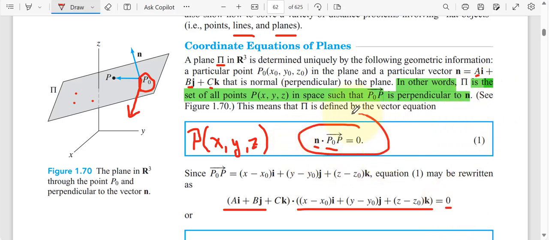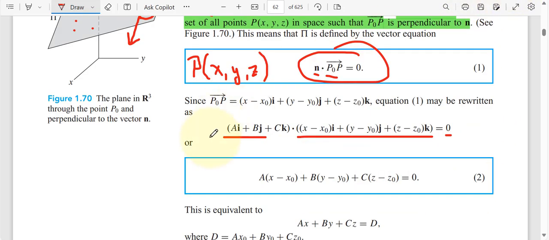So we just expanded this equation. Now when we write this out and expand this, remember this is a dot product, so we have to take this times this, and this times this, and this times this. And that's what we do here.